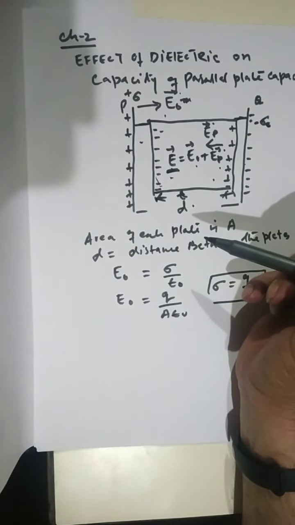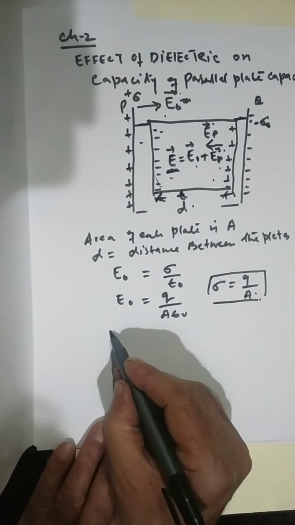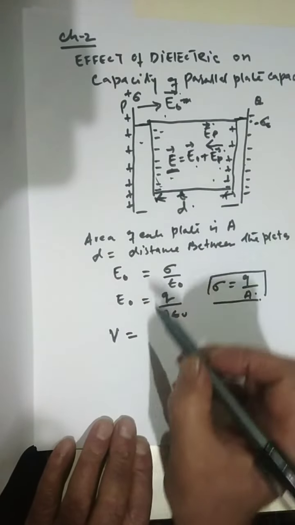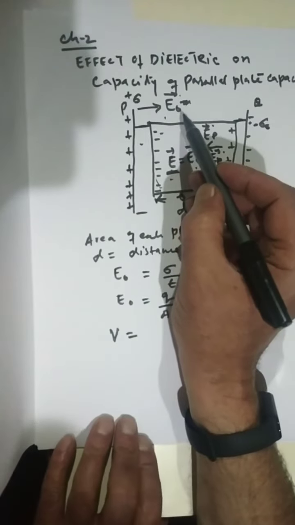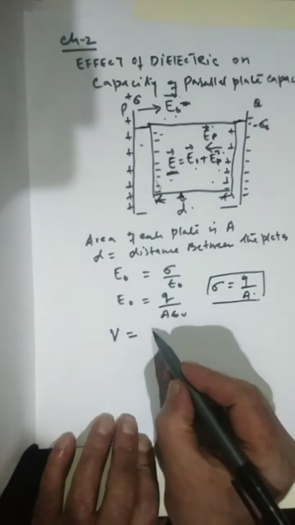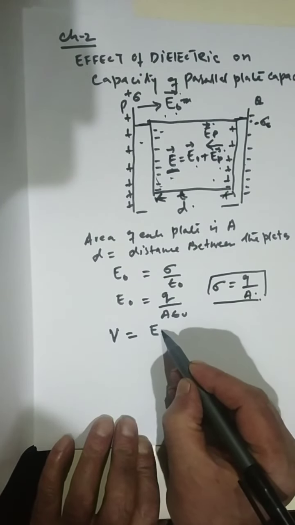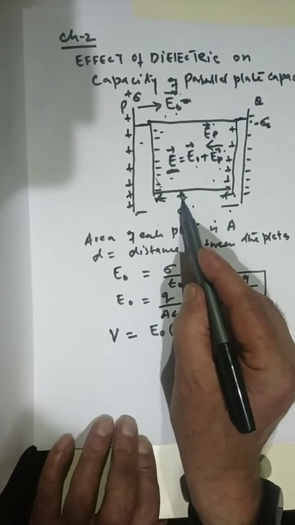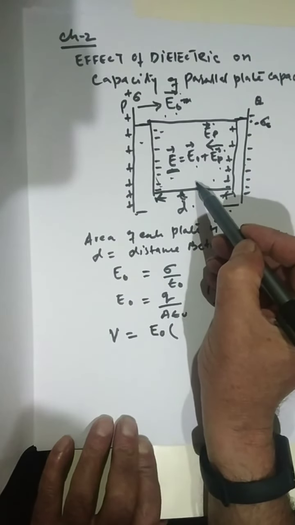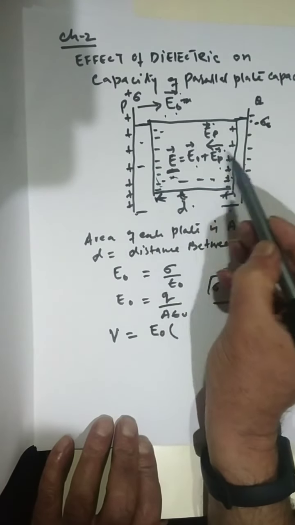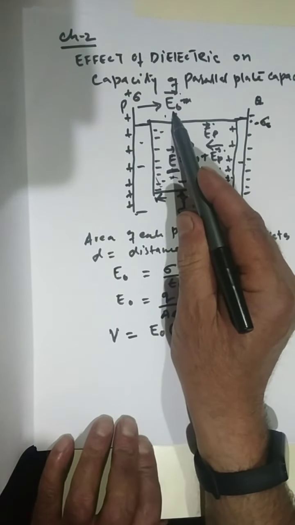Okay. Now the potential V is equal to the distance where the external field acts, that is E0 into the distance. Distance is total D minus T, because inside the slab the reduced field acts, and in the gap the external field E0 acts.